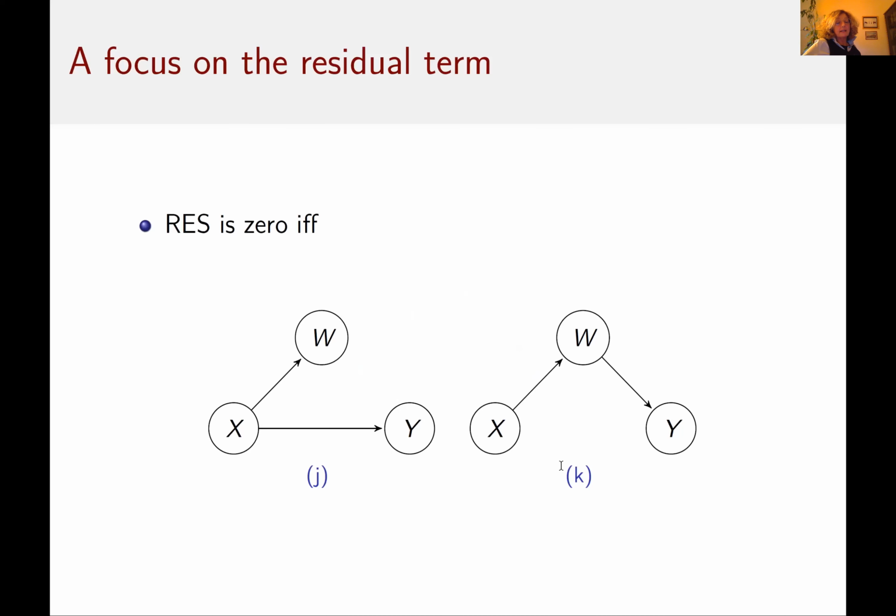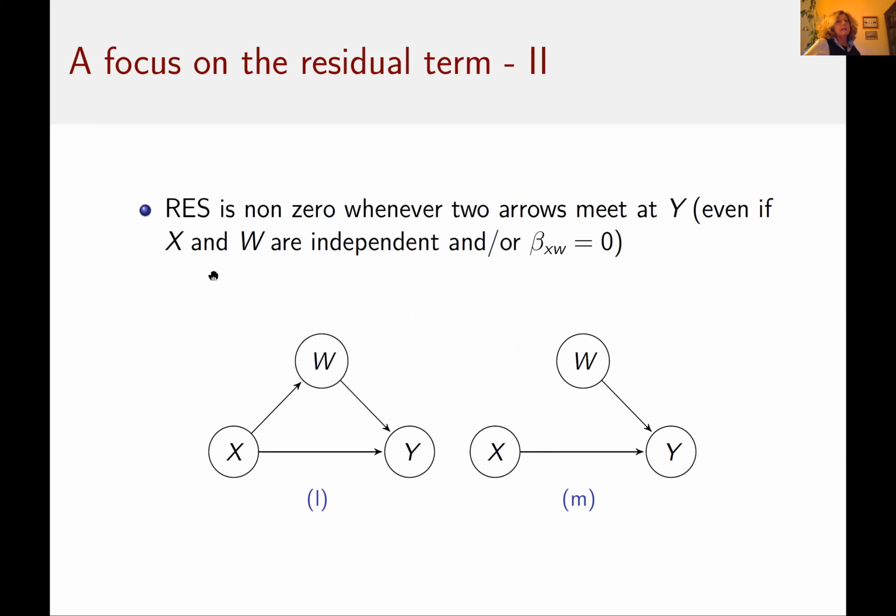In these situations the residual is 0. However, this residual term is non-zero whenever you have two arrows pointing at Y. So in this situation it is non-zero, and also in this situation it is non-zero. This is what is well known as the non-collapsibility effect.